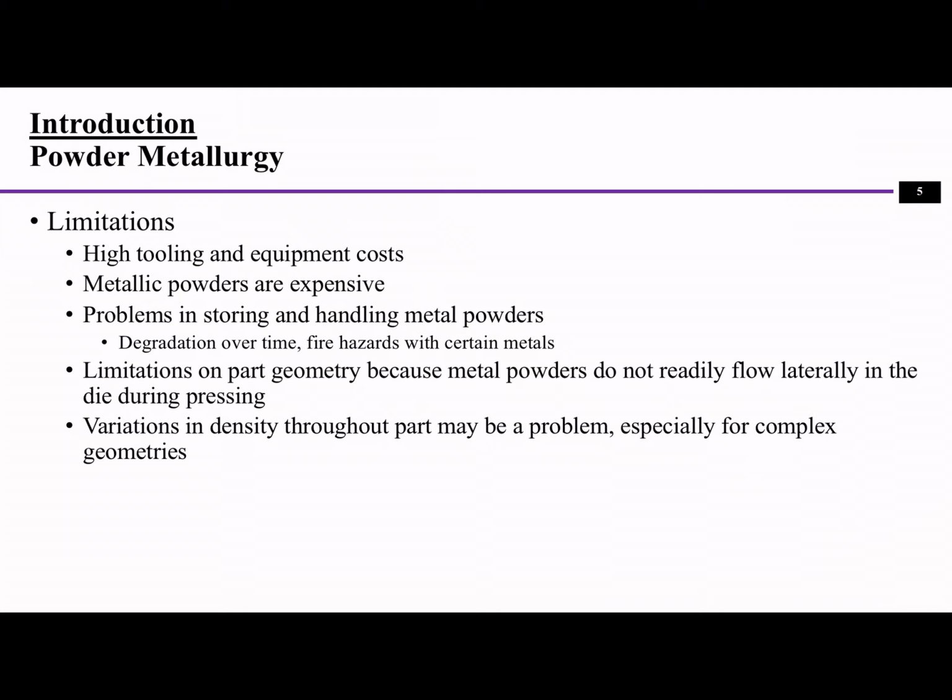Another reason is that we are dealing with metal powders, so making the metal powder itself is a complicated process, and it also requires extra processes in order to make really good shape or quality of the powders. That's why it's very expensive, and also the metal powders are not very consistent in shape, size, and geometry.